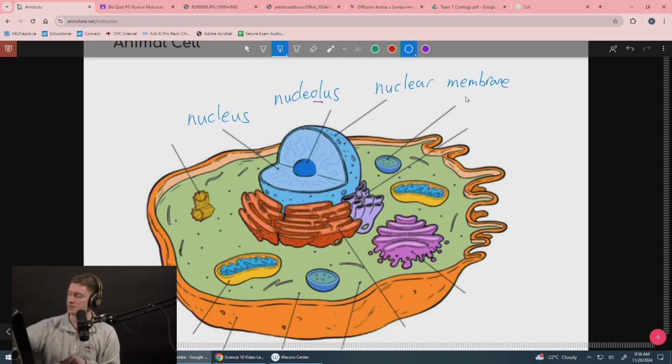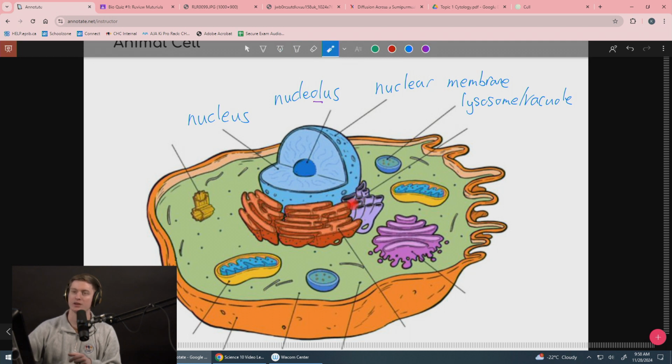I'm going to label this as a lysosome slash vacuole. Now we're going to talk about what those words mean, and I'm going to label it as maybe it's a lysosome, maybe it's a vacuole, and you'll be able to tell in a couple pages why it'll be difficult to distinguish from the picture.